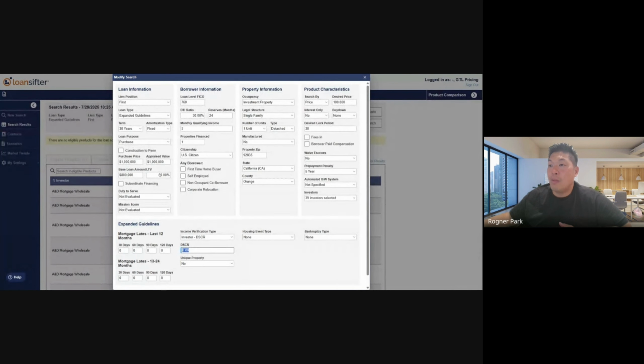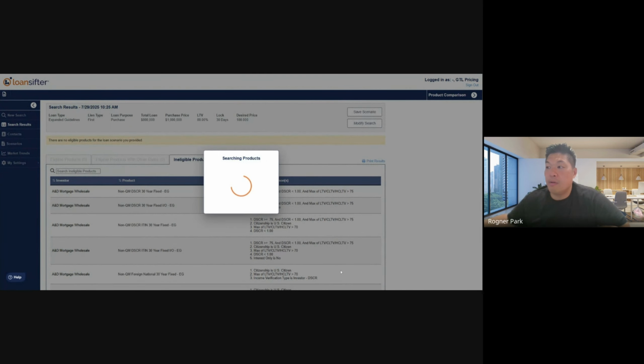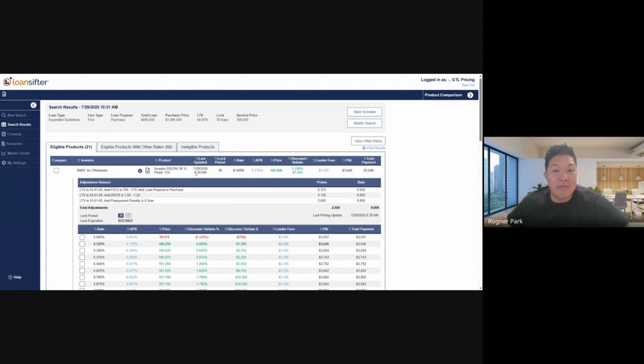Now let's go back here and do 60% LTV, 40% down payment. DSCR, let's just say is 1 with a prepayment penalty of 5. Your interest rate is going to be pretty attractive. Look at that. Par rate 6.125, right?